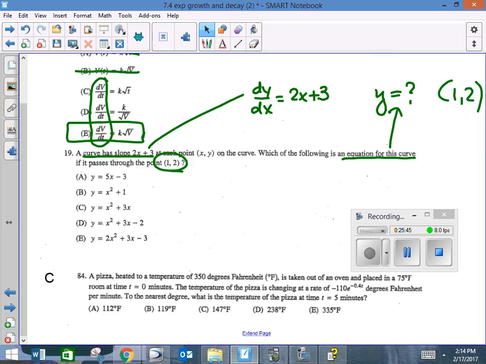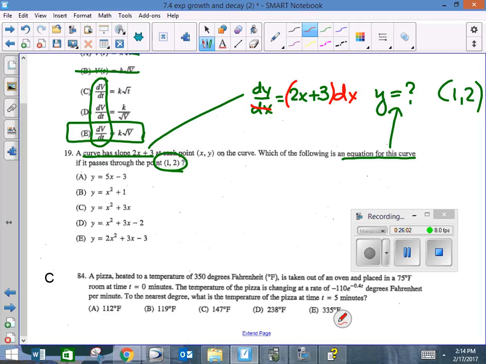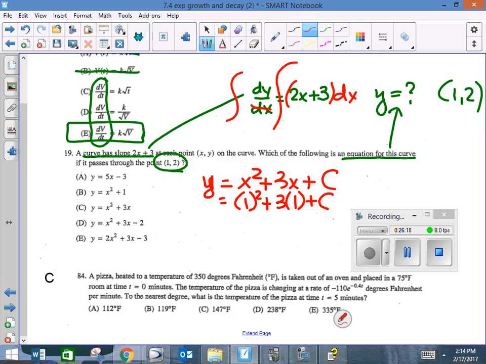All right, very good. Everybody's getting the right answer. Okay, good work. All right, so we're going to separate, and then integrate. Separate, integrate. y equals x squared plus 3x.